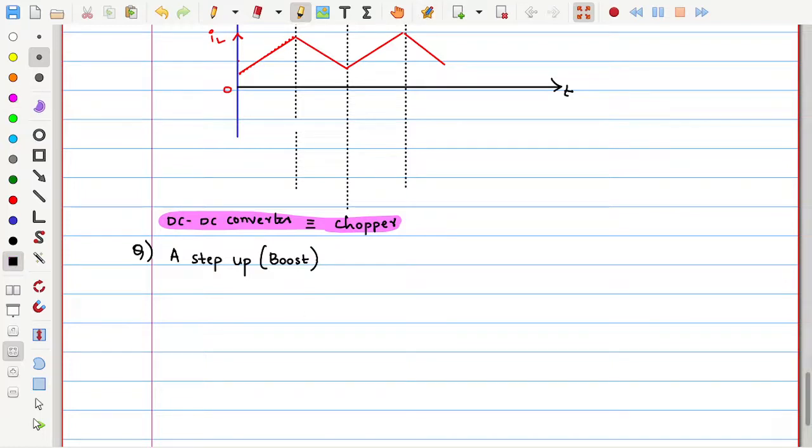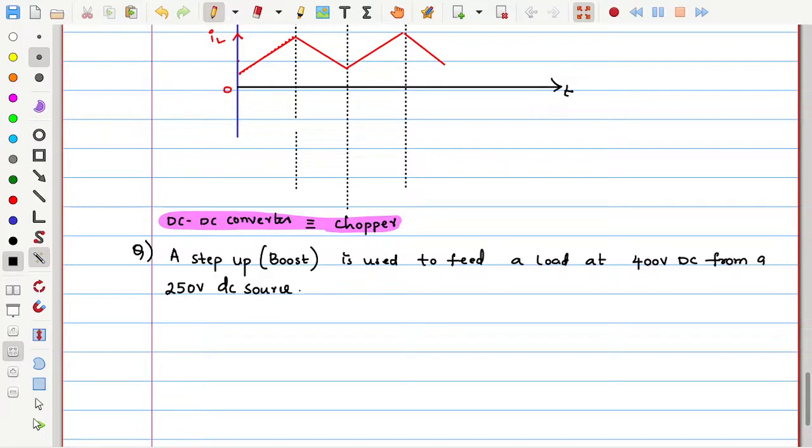Right. So a step up chopper or boost converter is used to feed a load at 400 volts DC from a 250 volts DC source.